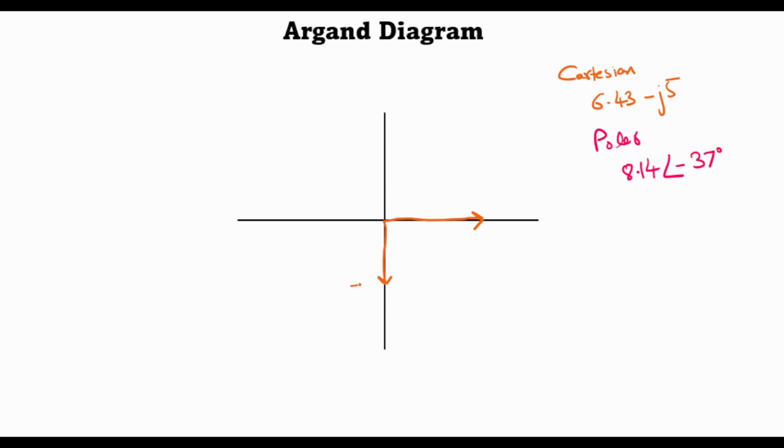So this is minus j5 and this is 6.43, and the magnitude phasor will be along the direction of the hypotenuse.